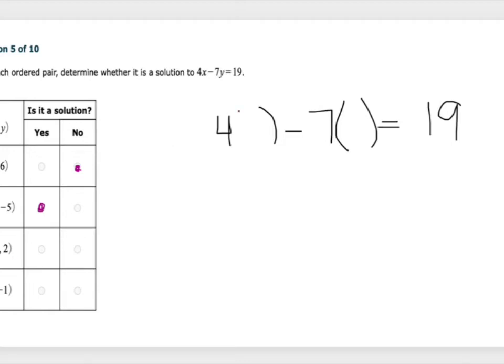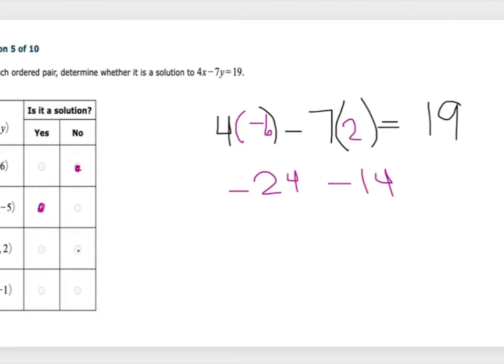Negative 6 and 2. 4 times negative 6 is negative 24. Minus 14 more. That is not going to be 19.